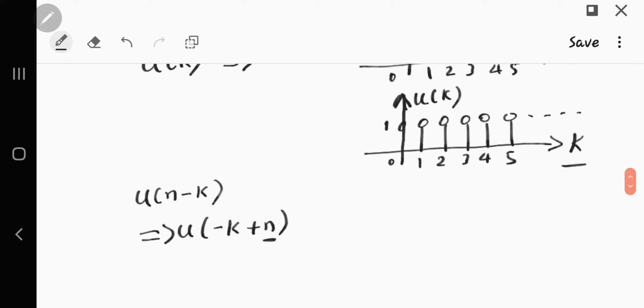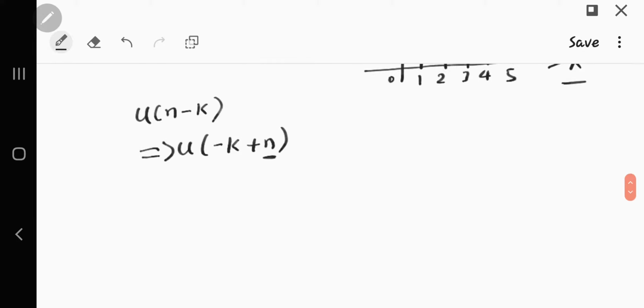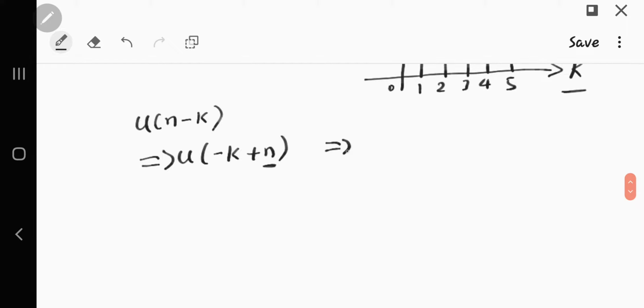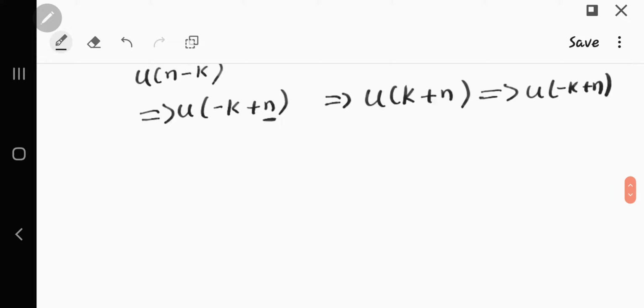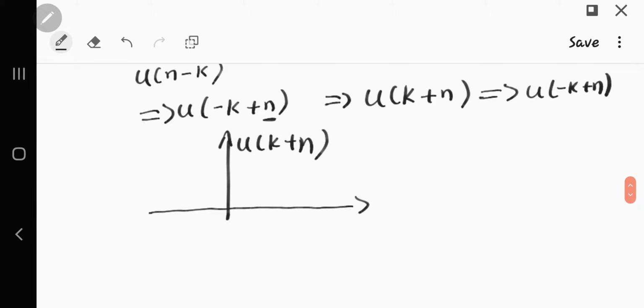So let's plot this. To get u[minus k plus n], the steps we follow are, first we plot u[k plus n] and then we go for time reversal of this, that is u[minus k plus n]. So these are the two steps. Let's take one by one. First I will plot u[k plus n].